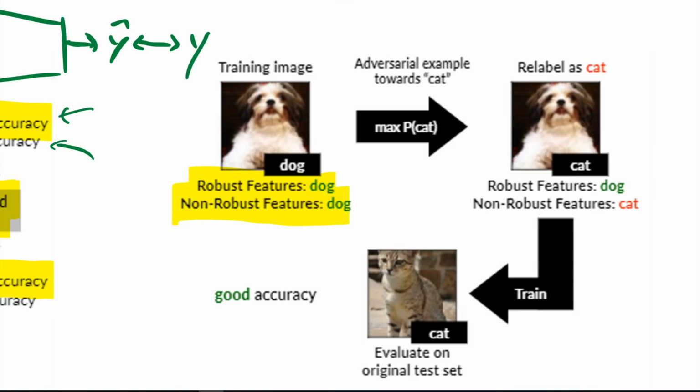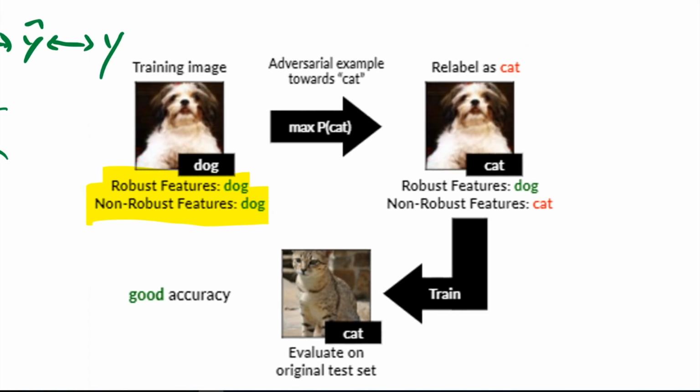Its non-robust features will also say this is a dog because it's a training image of a dog. And what they then do is they derive from this dog an adversarial example towards the cat class.